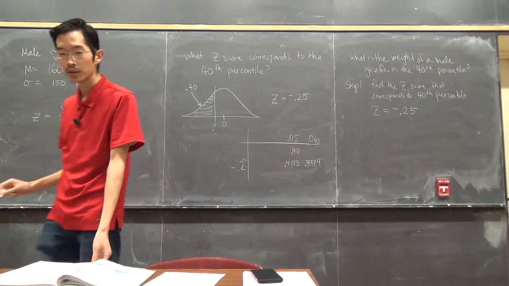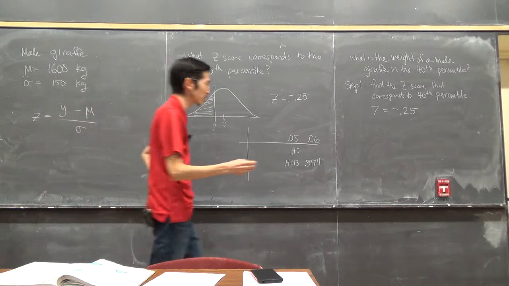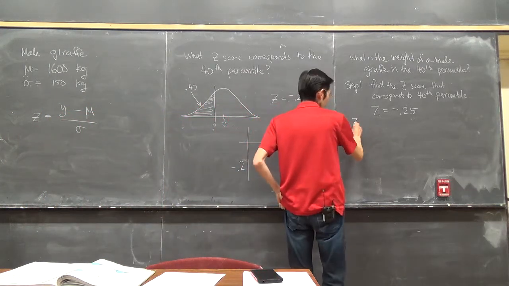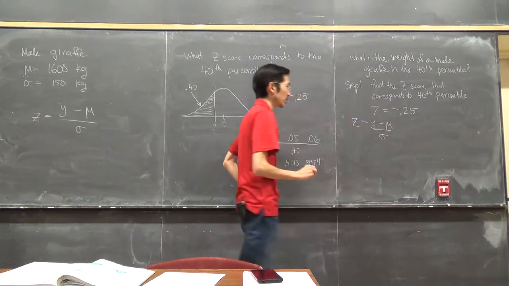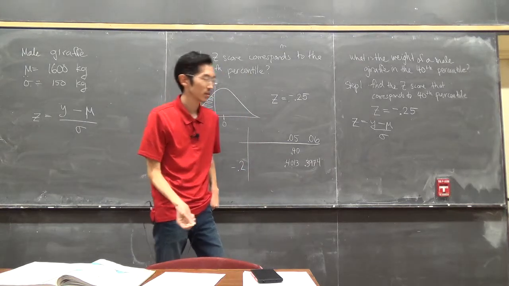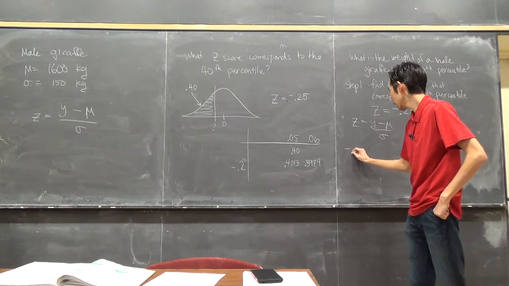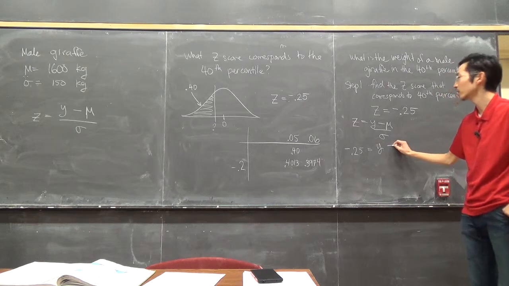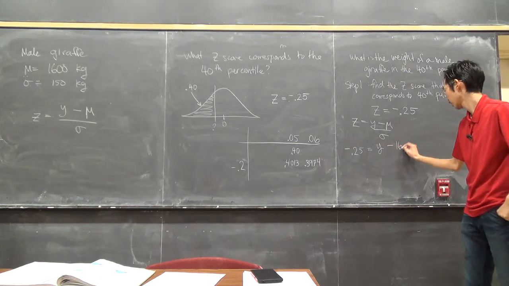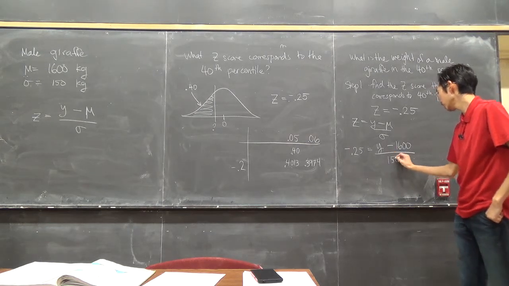If z is equal to negative 0.25, how do we get the corresponding weight? Yeah, we solve for it. We say z is equal to y minus mu over sigma. Here we've got an equation with one unknown, so I plug in the values that I do know. Z is equal to negative 0.25, and y is the value I'm searching for. Mu is 1600, sigma is 150.